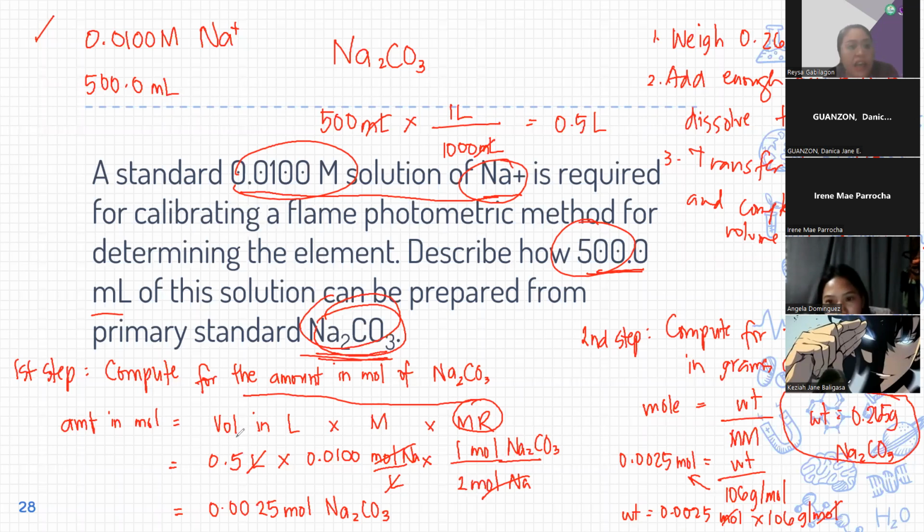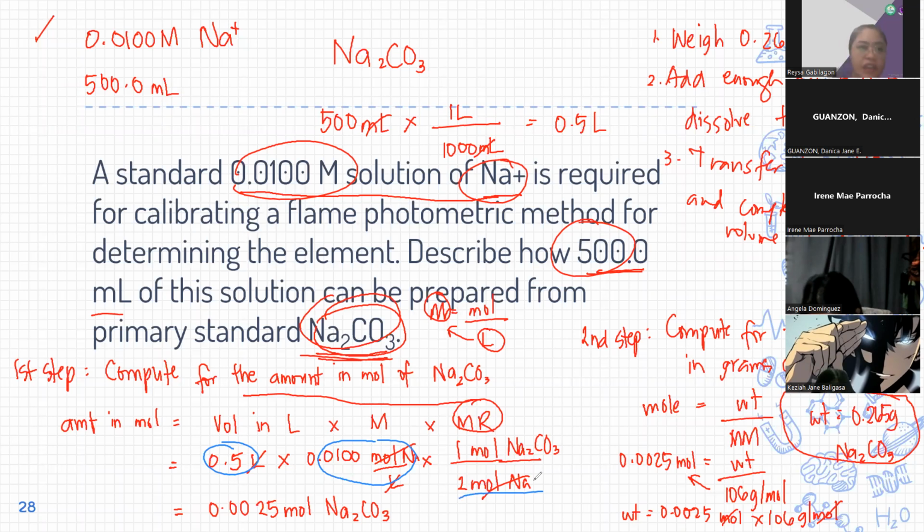Supposedly, our original formula is molarity is equal to moles per liter. It's still the same. We multiply liters by molarity. So, here is the liters. This is our molarity. What was added in the computation? The mole ratio.